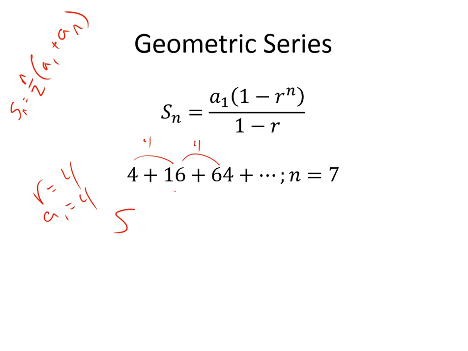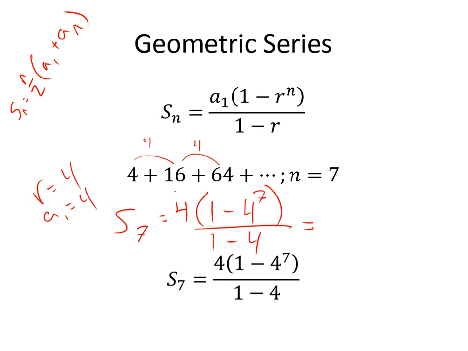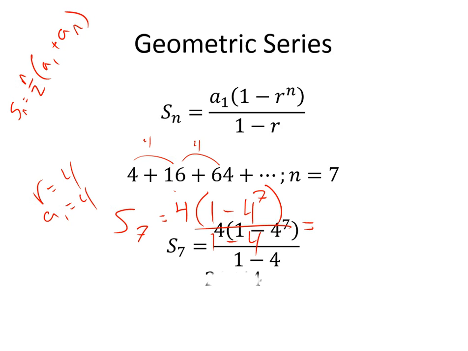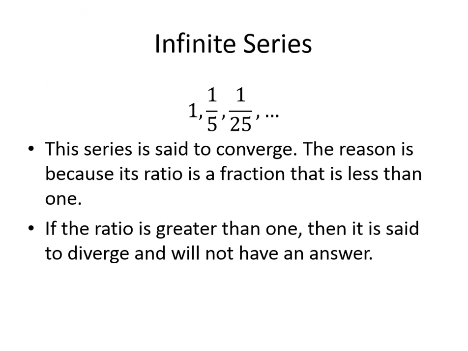So we plug it in: S of 7 is equal to 4 times 1 minus 4 to the 7th, all over 1 minus 4. When we calculate this through, 21,844 is our answer. Again, it's just plugging in the right things and then finding what you have.